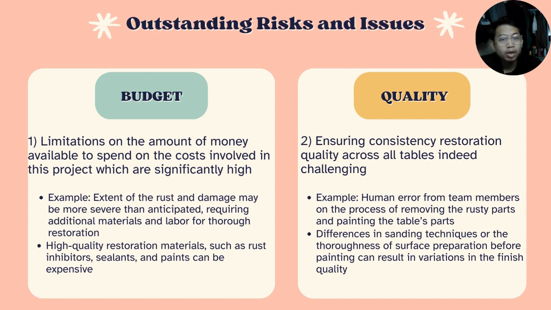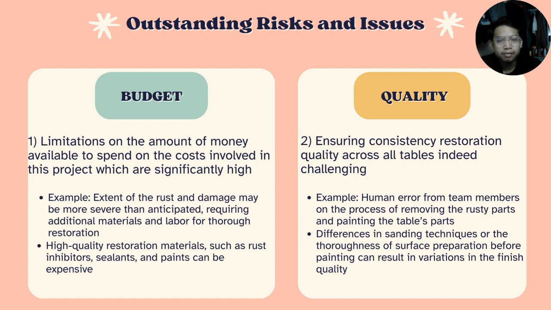So next for the quality, which is one of the risks and issues that occur. The quality effect is on how we ensure the consistency of restoration quality across all tables. Indeed, it was challenging. As an example of challenges in ensuring consistency is the human error from team members in the process of removing the rusty parts and painting the table parts.